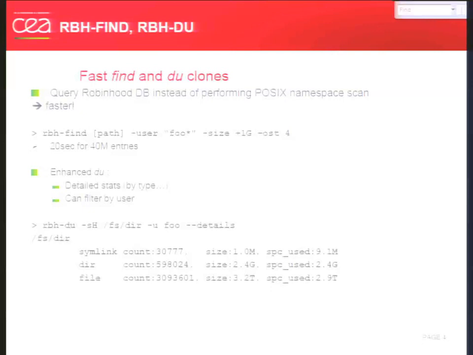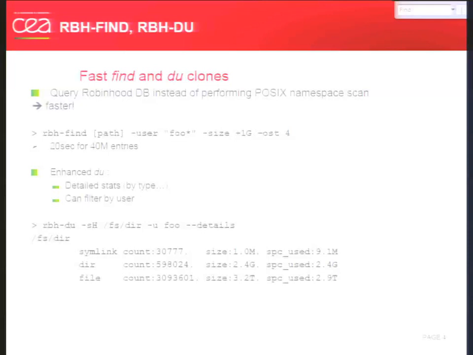So we get a database with mostly all information about the file system, the files, their size, their owners, and stuff like that. In the latest ROBINHOOD version 2.4, we added two clones of very common Unix commands, which are find and du.